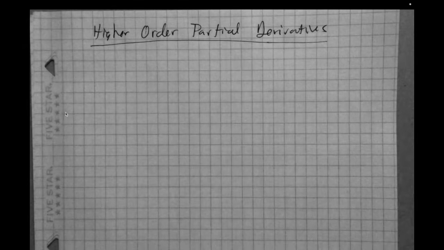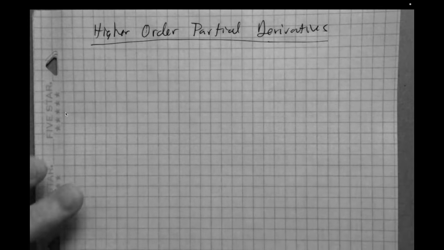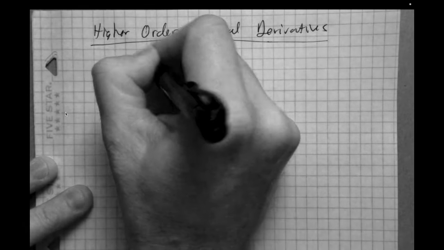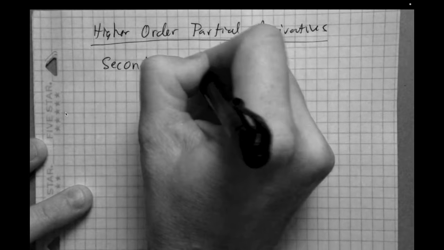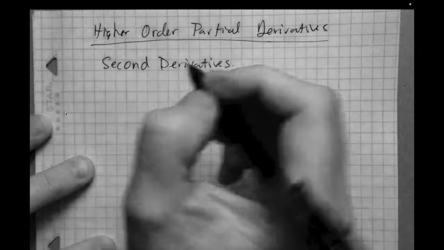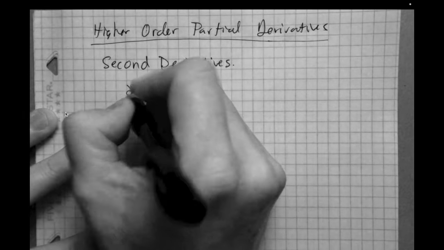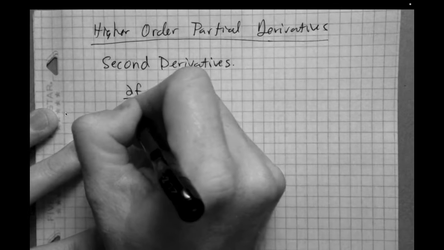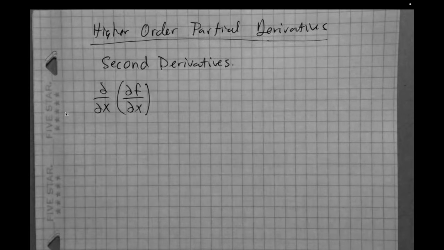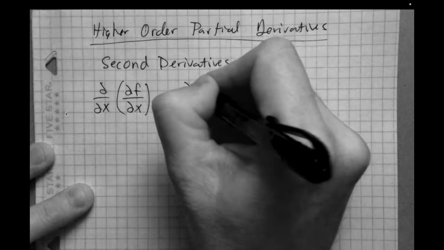Okay, so we can take second derivatives, third derivatives, higher order derivatives. So let's just talk about second derivatives first, and the third and higher orders all kind of follow on here, but there are a couple of different options for the second derivatives. The first one is the normal second partial derivative with respect to x. So if I have the partial derivative of f with respect to x, and I differentiate that with respect to x, that's going to give you what's called the second derivative.